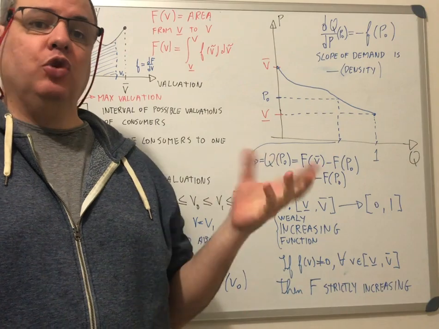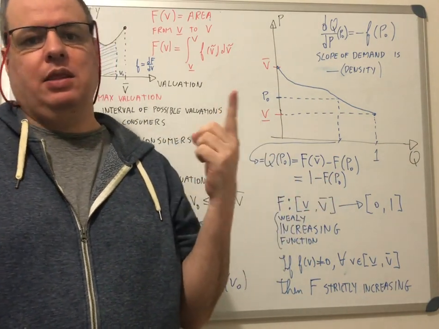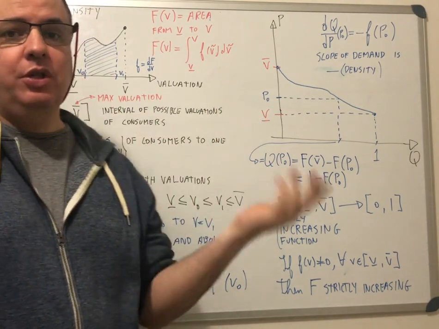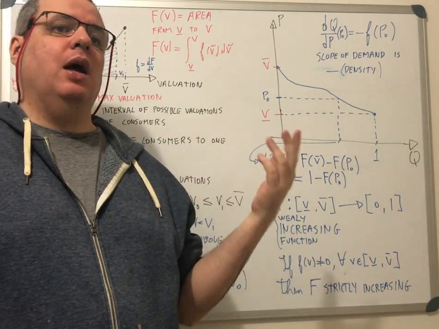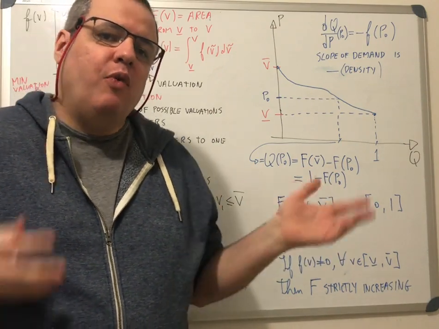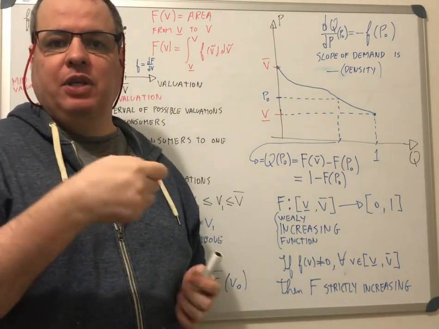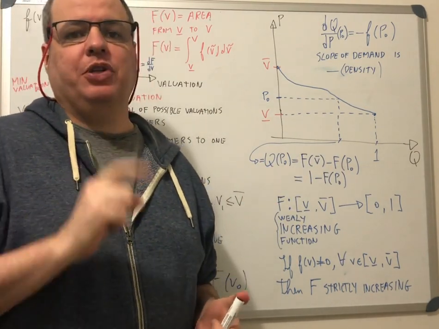I will normalize the size, or the mass, of the population of consumers to 1. That's a continuous model. But now we are going to allow these consumers to have a range of different valuations. A valuation is the maximum they would be willing to pay for a particular good.